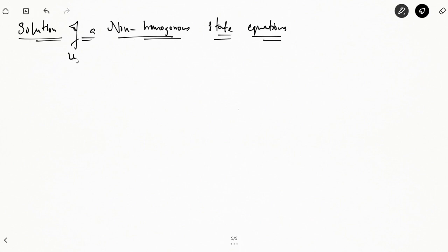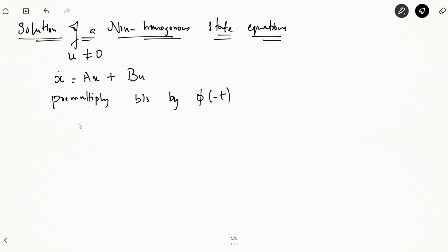Now in this case, u will not be equal to 0. That means we'll be having the equation x dot equal to Ax plus Bu. Fine. These are all in t domain. So as we did the last time, multiply both sides by phi of minus t.